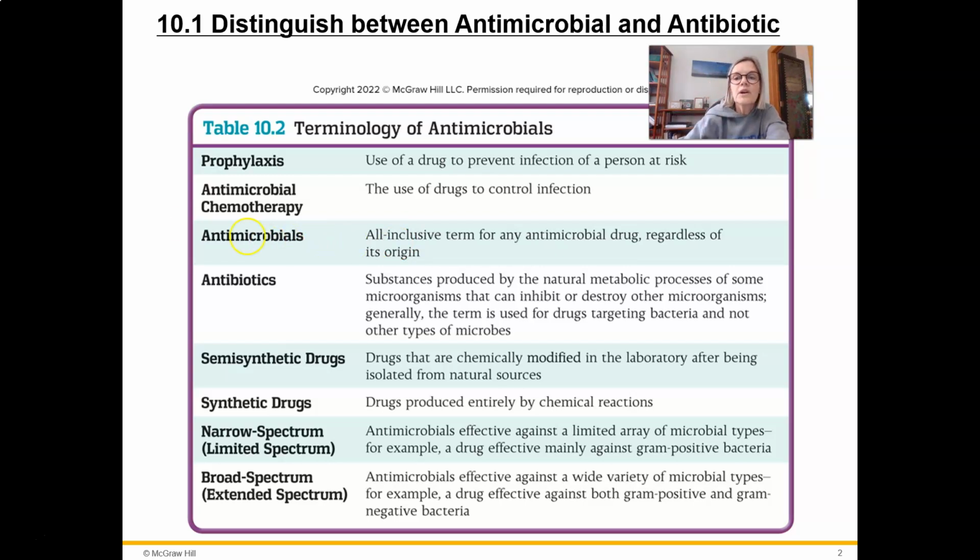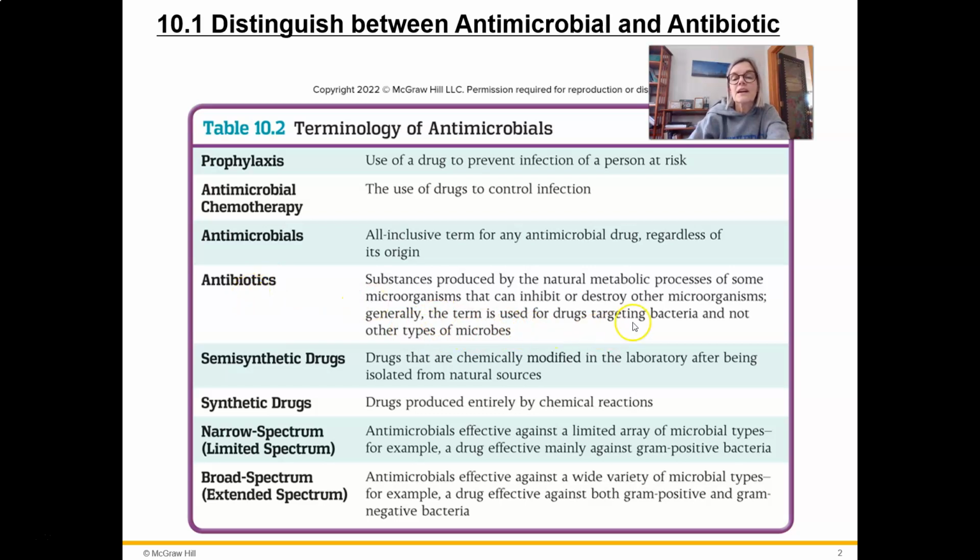When we get to that word antibiotic, it sounds like against living things, and that's where the term came from. But the original term antibiotic came from substances produced by the natural metabolic processes of some microorganisms that can destroy other microorganisms. So it says generally the term is used for drugs targeting bacteria and not other types of microbes.